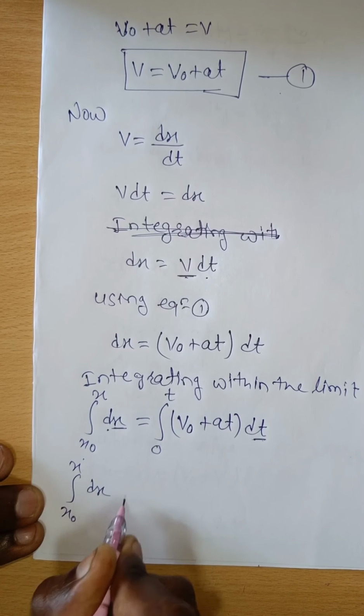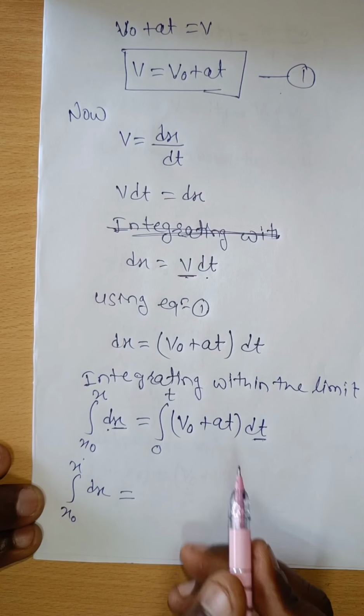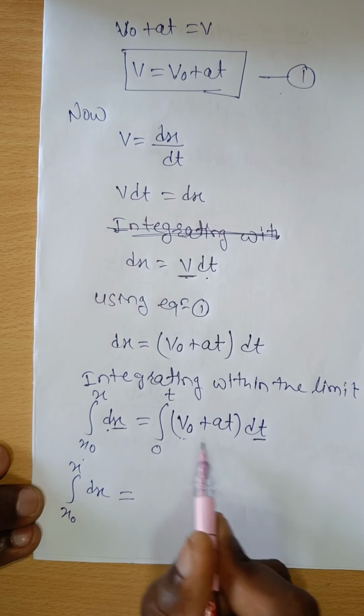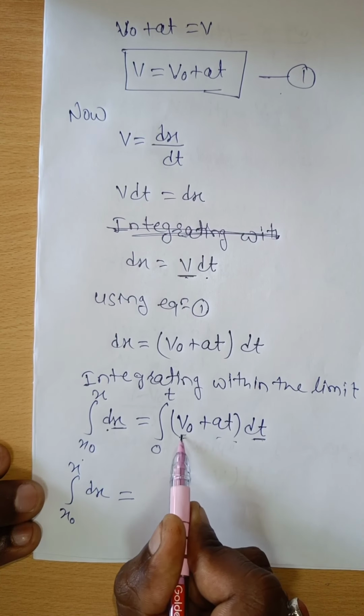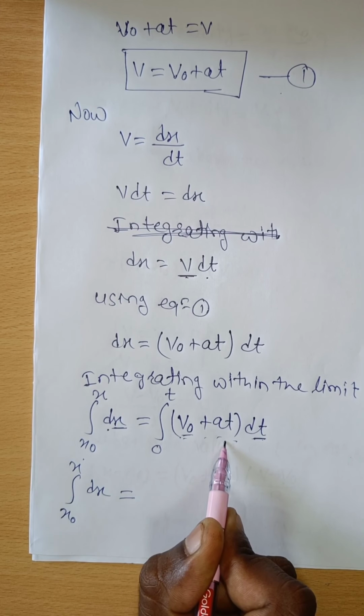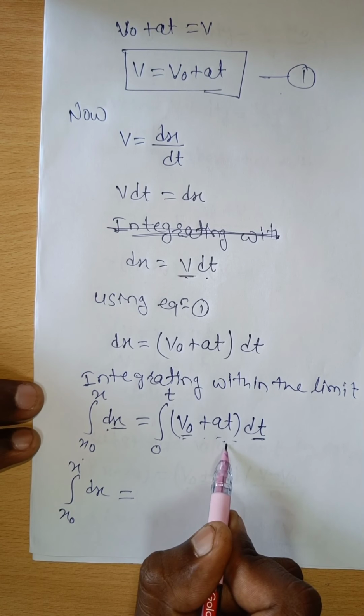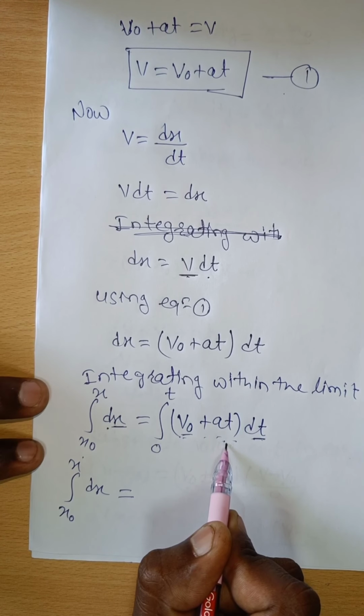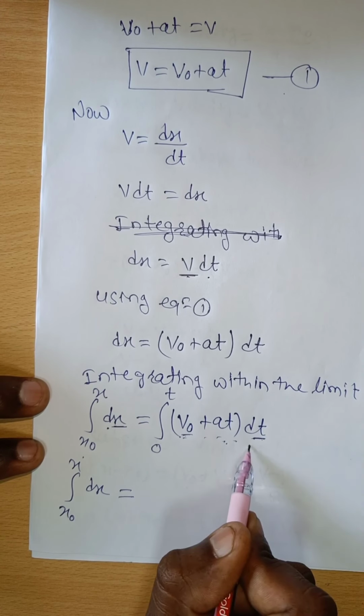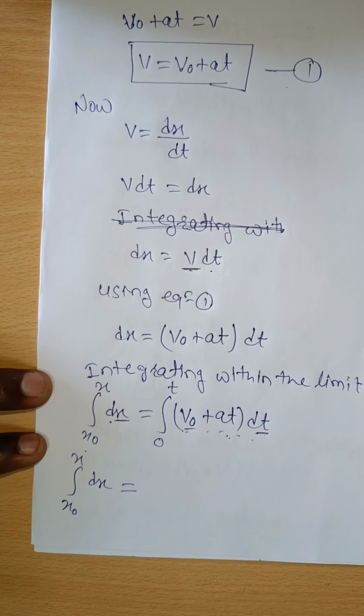Then we write the left hand side as integration within the limits x naught to x of dx, which is equal to, now here this is integration of a plus b, first quantity plus second quantity. In the integration rule, integration of a plus b into dt is equal to integration of a into dt plus integration of b into dt.